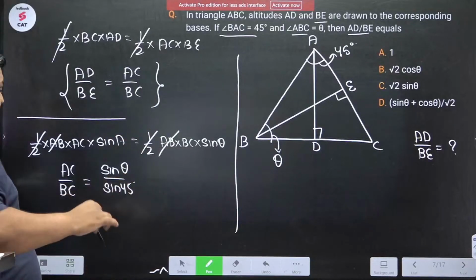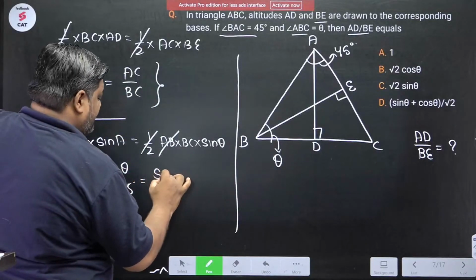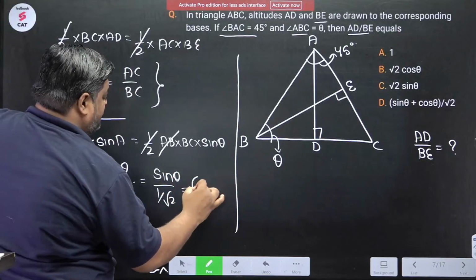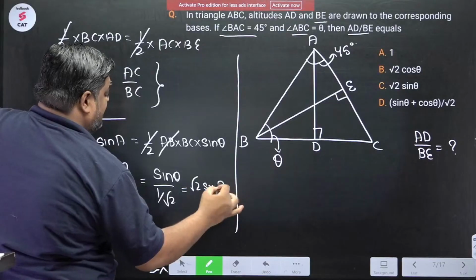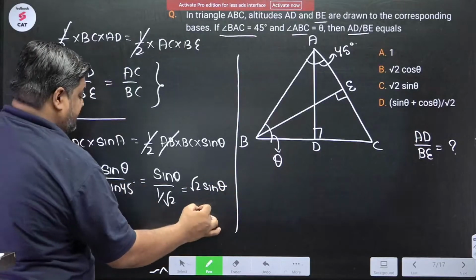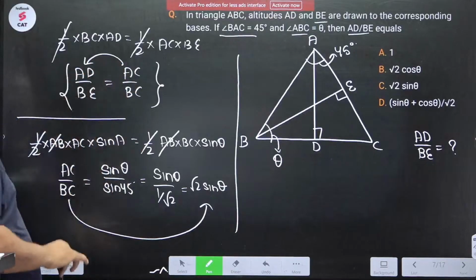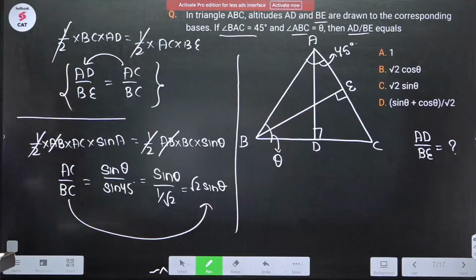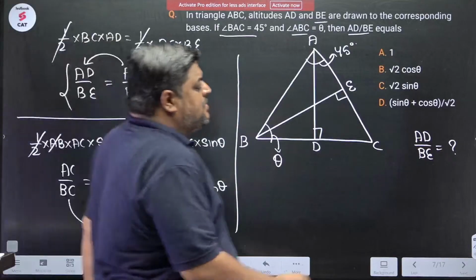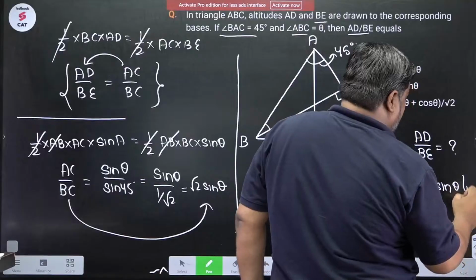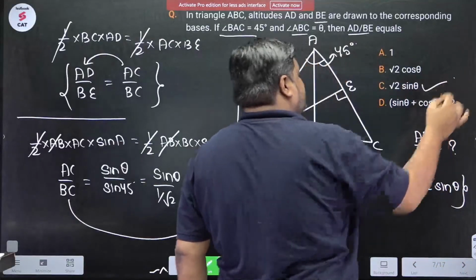So sin theta upon 1 by root 2 is root 2 sin theta. AC by BC is equal to root 2 sin theta, and AC by BC is equal to AD by BE. So AD by BE is also equal to root 2 sin theta. Answer to the question is option C.